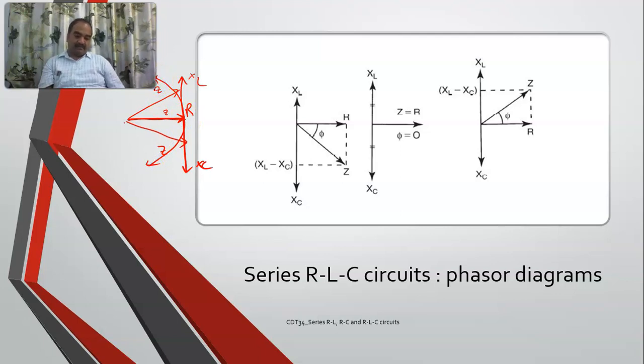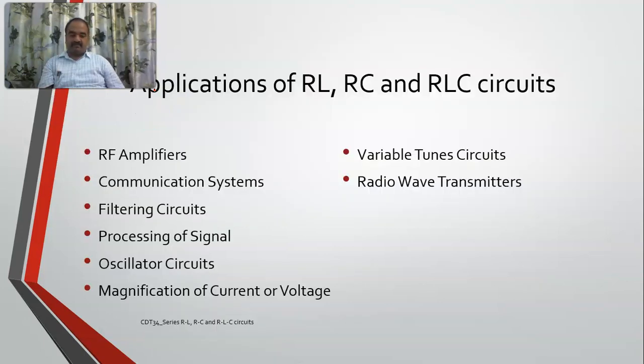So I hope that now you have understood how to draw the phasor diagrams and what happens when AC supply is given to your series RLC circuits, how the current will be varying and how the power factor will be varying. As already mentioned, these are widely used RLC circuits.